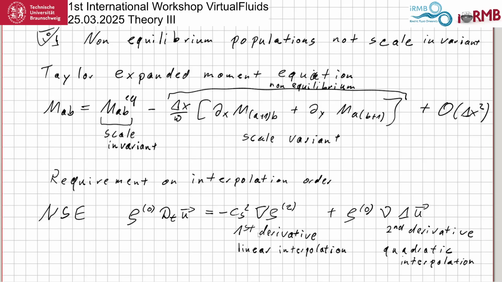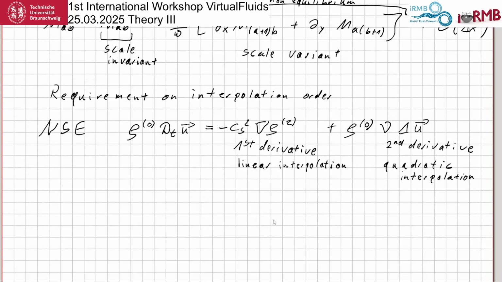Okay, so we get along with one order less in the pressure term than in the velocity term. And now I'm just telling you how we do this in VirtualFluids. There we use the compact interpolation. The idea behind compact interpolation is, if we want quadratic interpolation, then we use a big stencil.